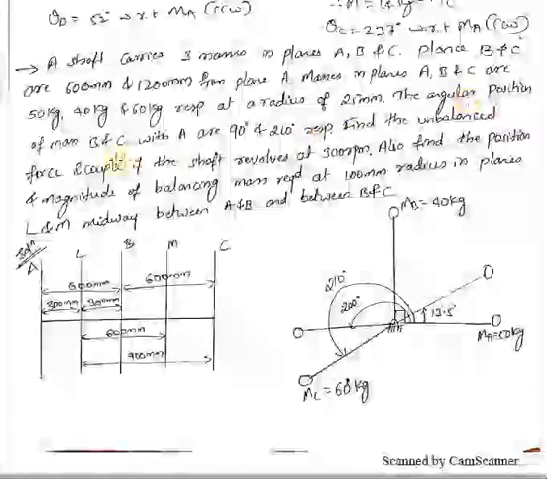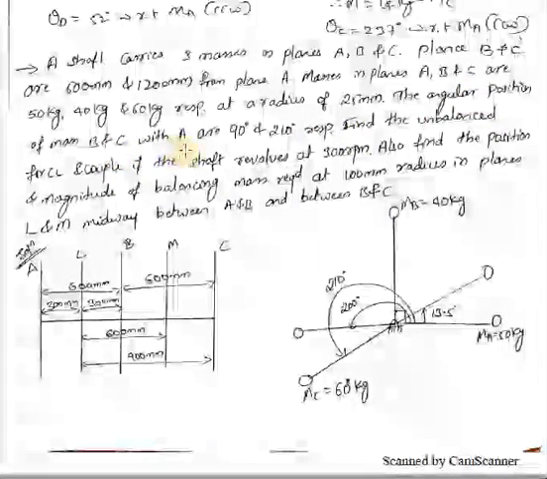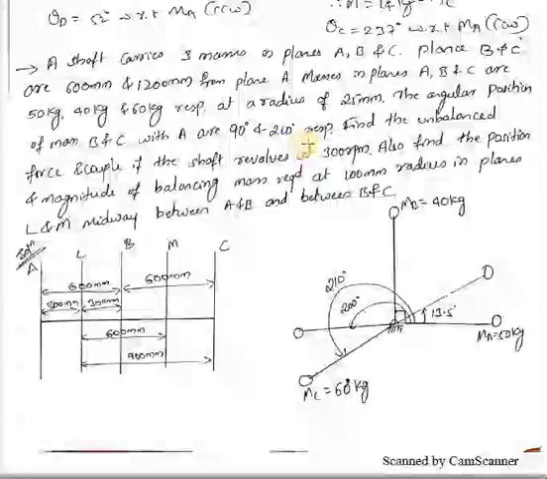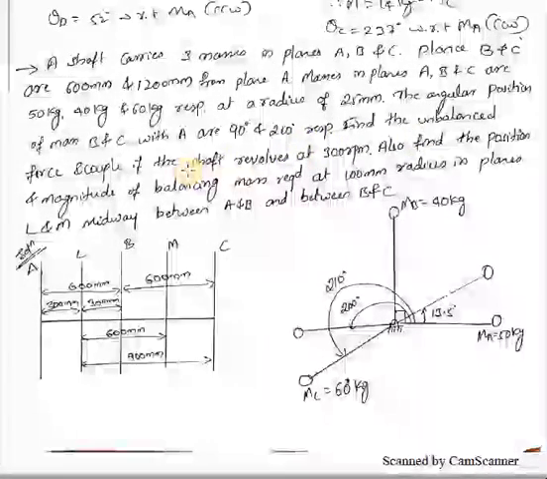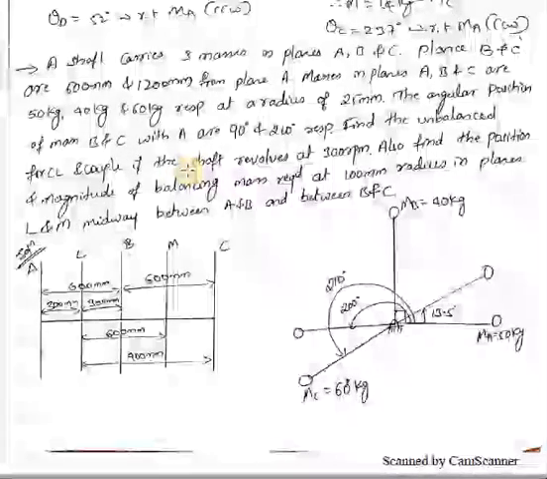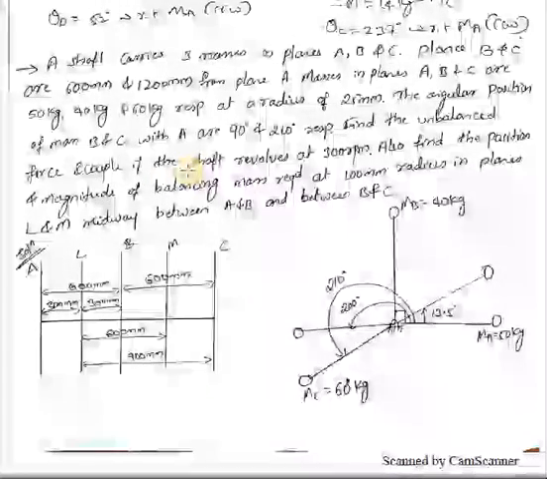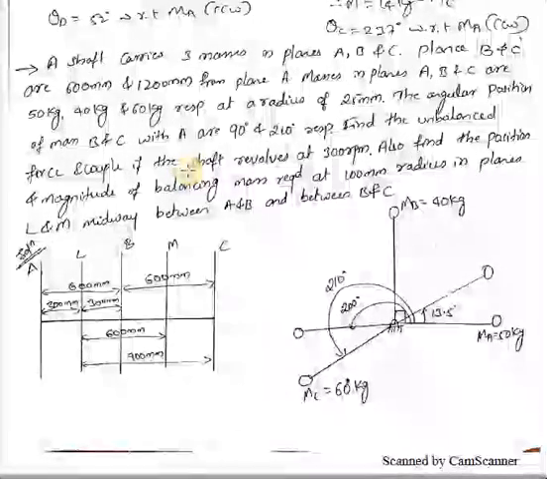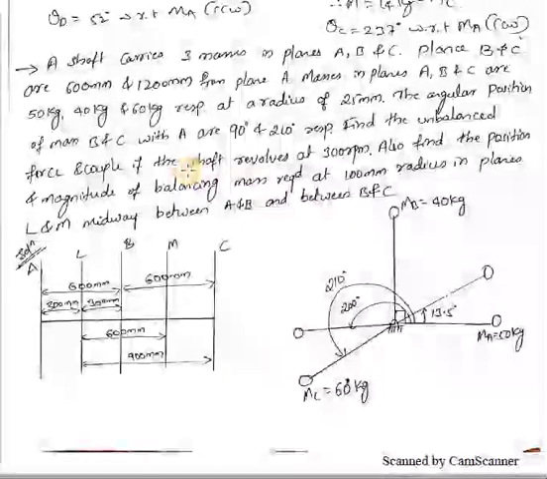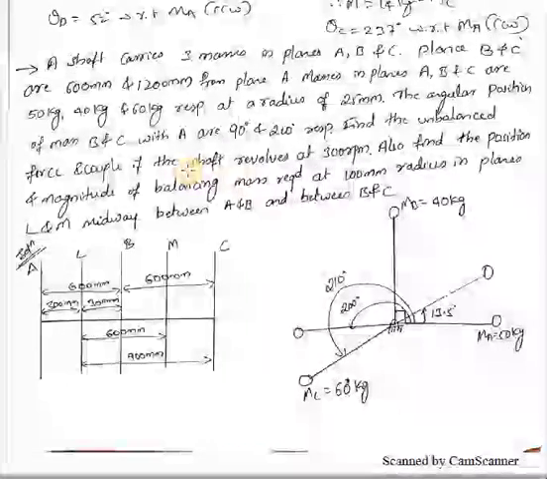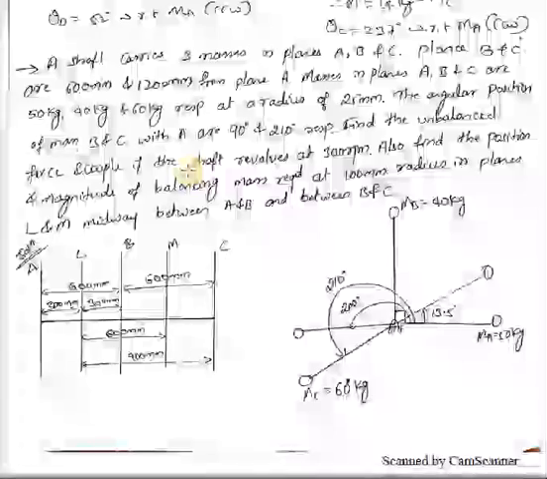The angular position of mass B and C with respect to A are 90 degree and 210 degree. Find the unbalanced force and couple if the shaft revolves at 300 rpm. Also find the position and magnitude of balancing mass required at 100 mm radius in planes L and M midway between A and B and between B and C.